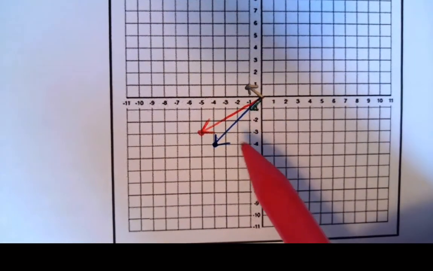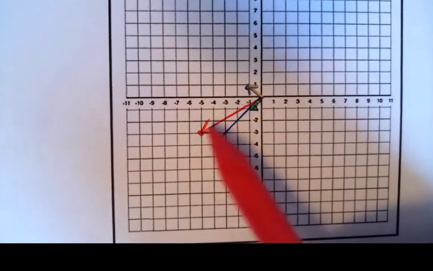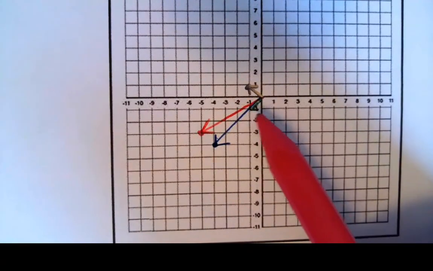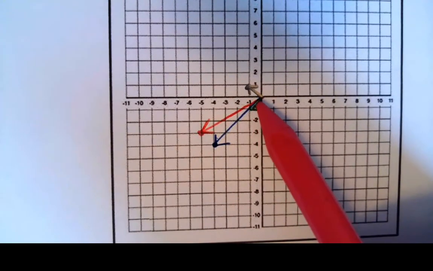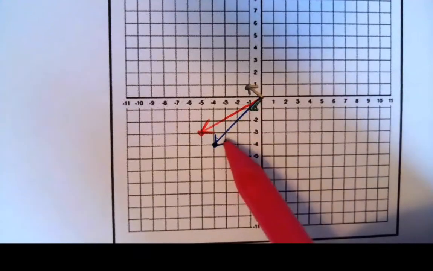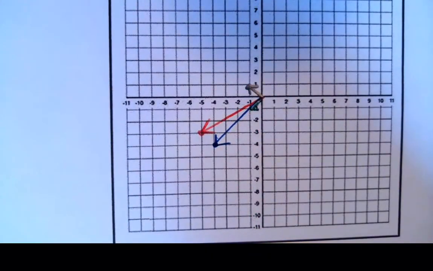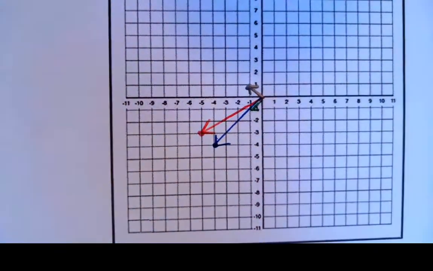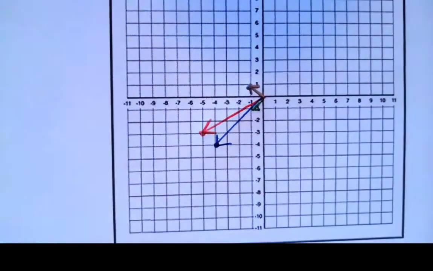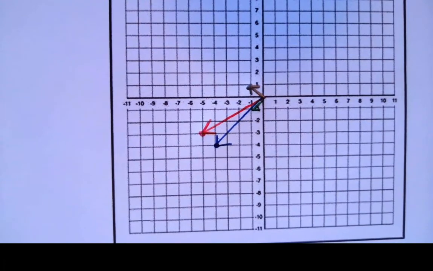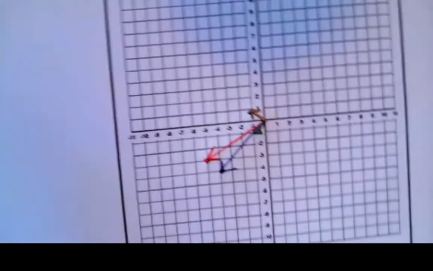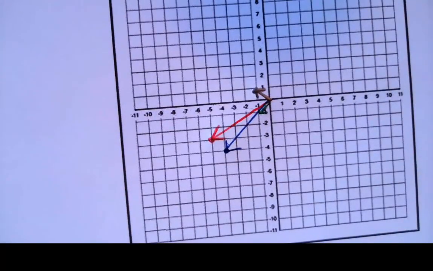So what I did was I decomposed v, and I found a vector that is parallel, and one that is orthogonal. So I have the decomposition of v on w. Okay, so we call that the projection of v onto w.